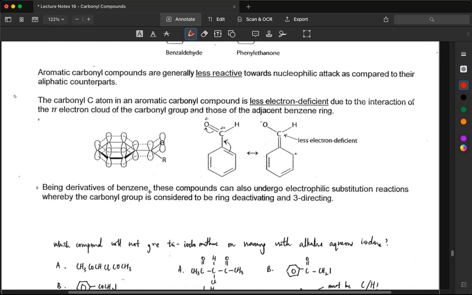Being a derivative of benzene, this compound undergoes electrophilic substitution, whereby the carbonyl group is considered to be ring deactivating and 3-directing because of the good overlapping between the pi electron clouds.